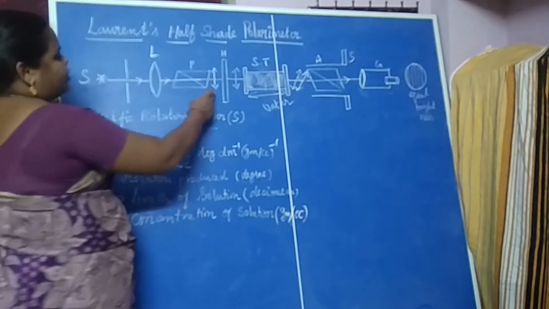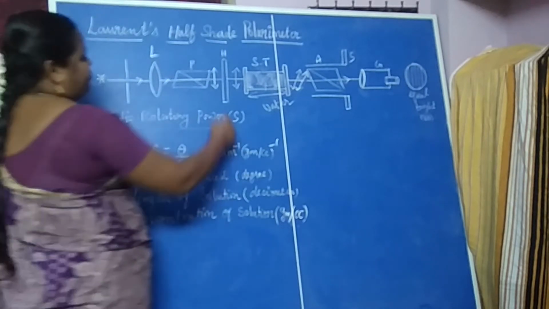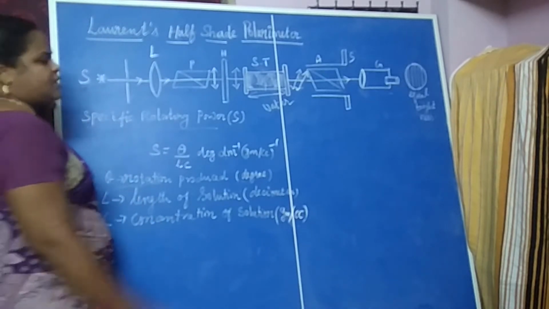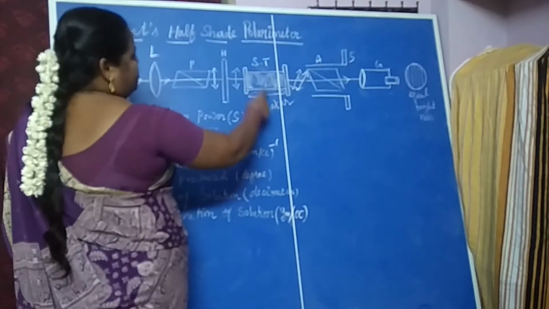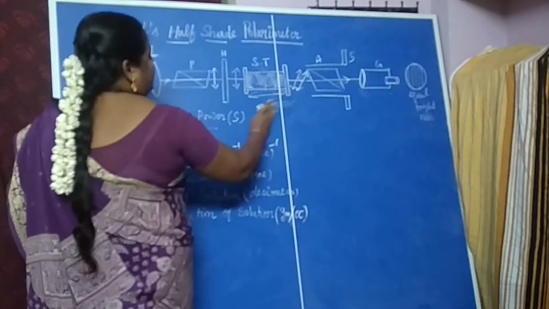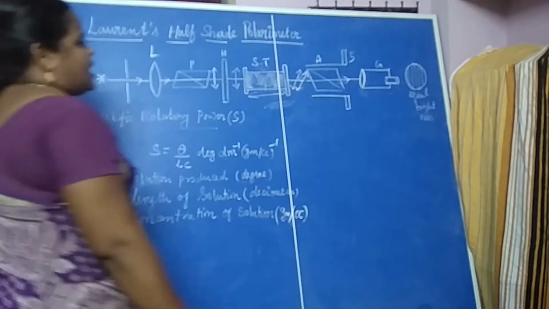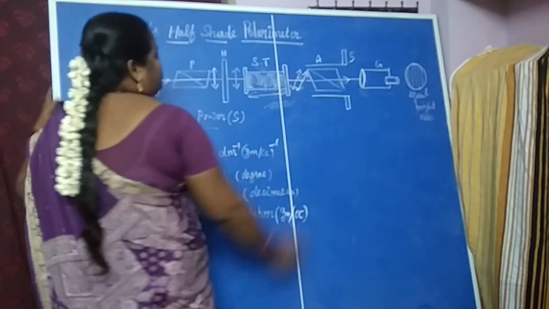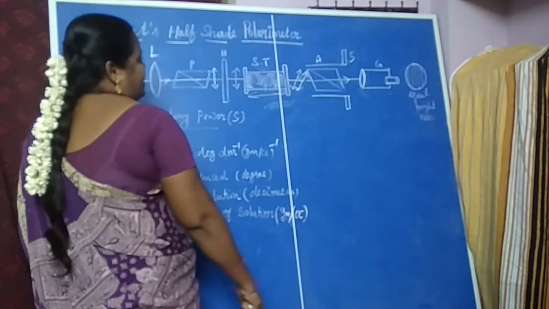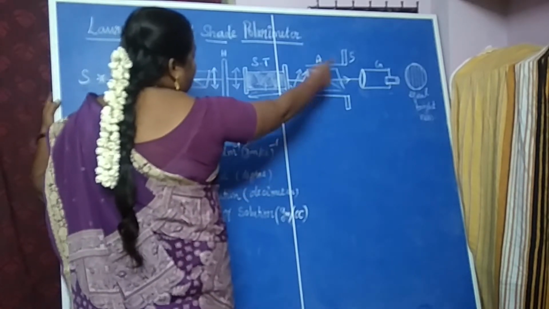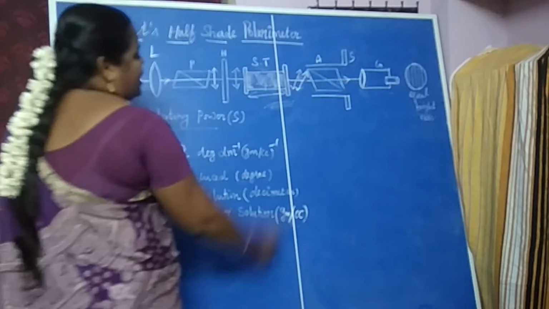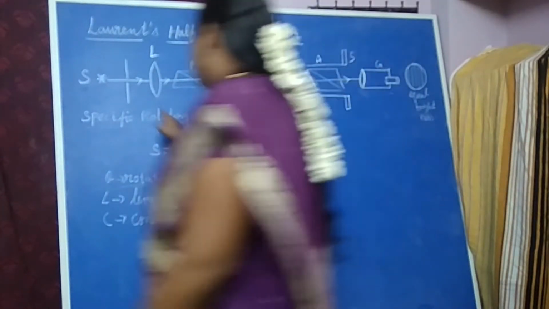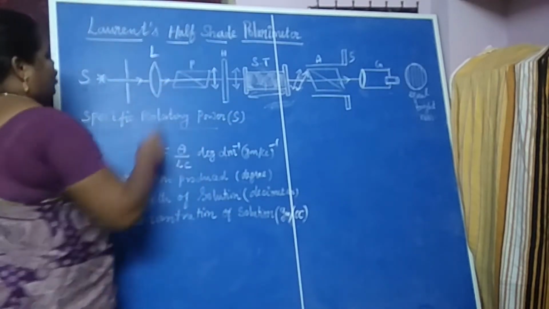Plane polarized light is produced by the polarizer, and we are using one device H, that is called a half-shade device, and a solution tube which will contain the optically active substances, and an analyzer which will be used to analyze the polarized light. The analyzer is attached to the rotating scale S, and we have a telescope G. These are the components used in a polarimeter.